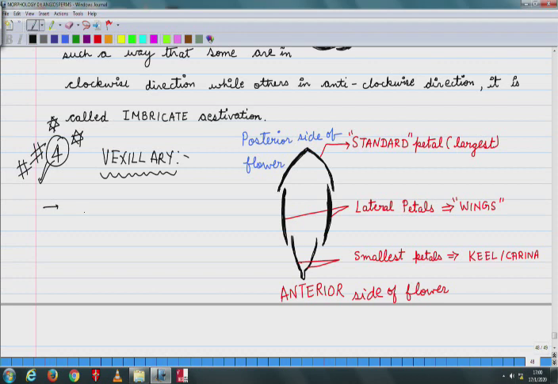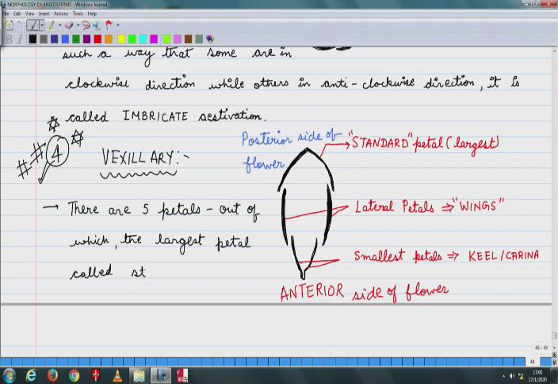There are 5 petals, out of which the largest petal, called standard, is present on the posterior side.